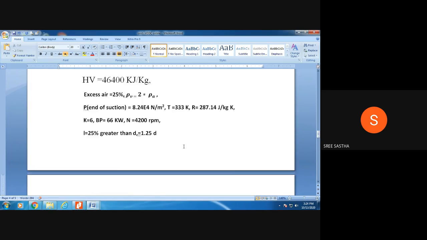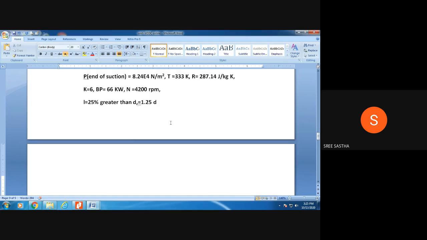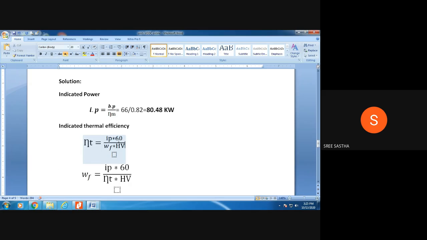Next, thermal efficiency is given. With this thermal efficiency, now you will get an idea. I know one formula: thermal efficiency equals IP into 60 by WF into HV. I have found IP using mechanical efficiency.